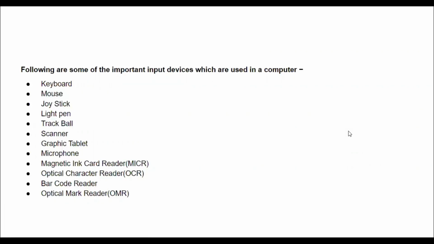So examples of input devices include, first we have keyboard, mouse, joystick, light pen, trackball, scanner, the graphic tablet, microphone, the magnetic ink card reader, the optical character reader, barcode reader, and the optical mark reader. So those are some of the important input devices.